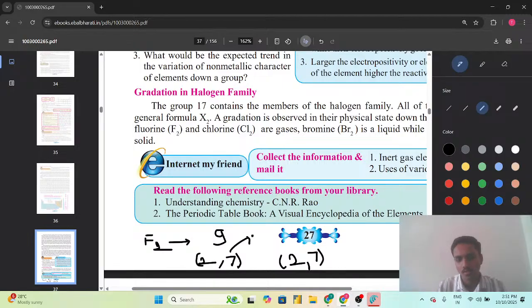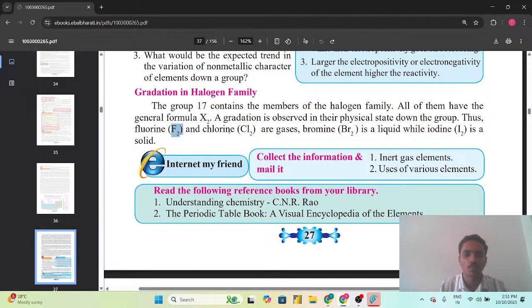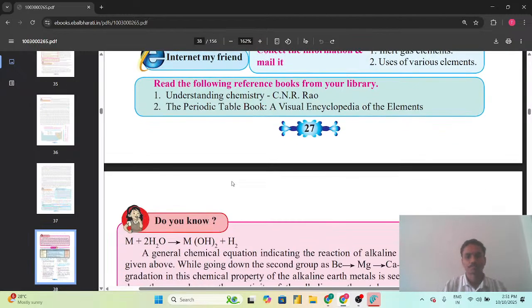This one needs one electron to complete its octet, and this one also needs one electron to complete the octet. So they share their electrons with each other. They will share one electron, and after sharing this one electron, each fluorine will be able to complete its octet. Due to this, they will form a stable compound. So that's why we have fluorine, chlorine, that is F2, Cl2, Br2, I2, and all.